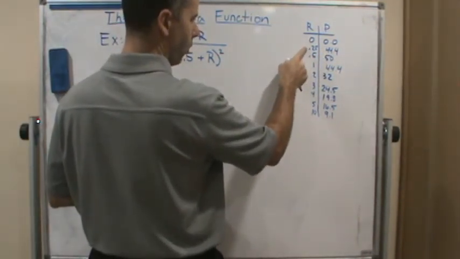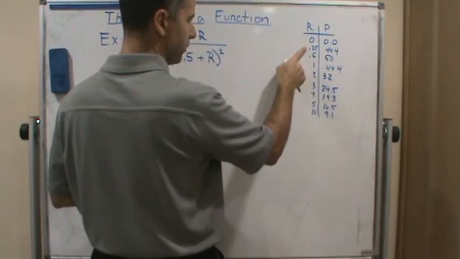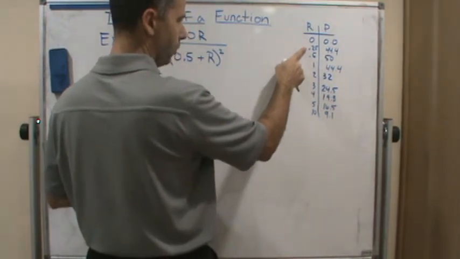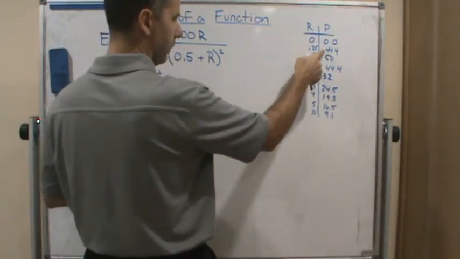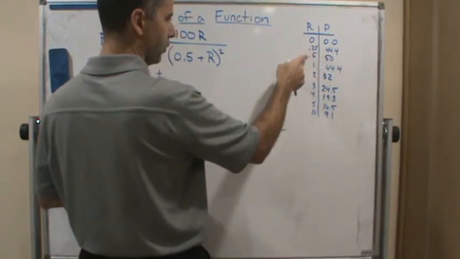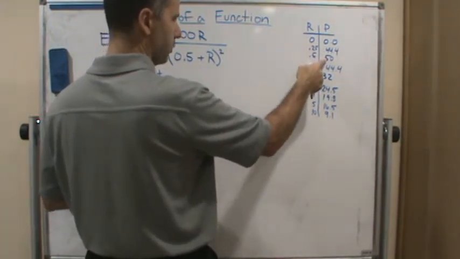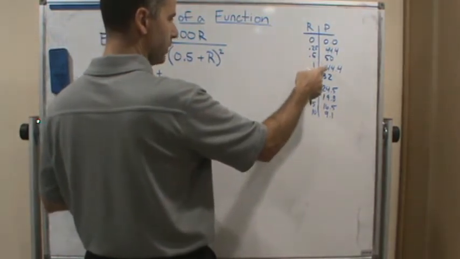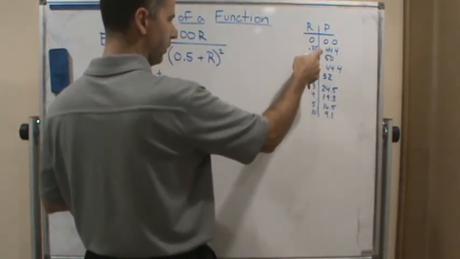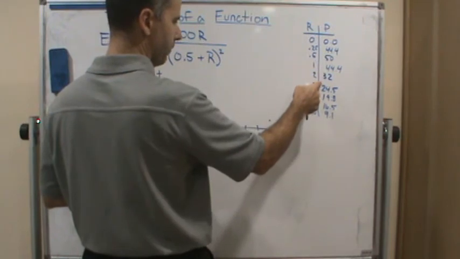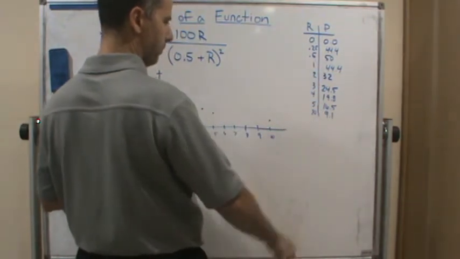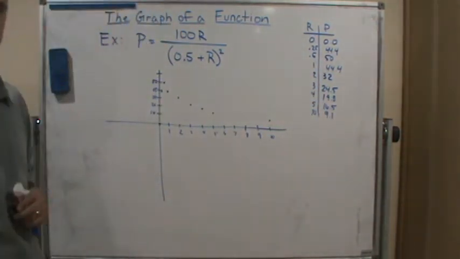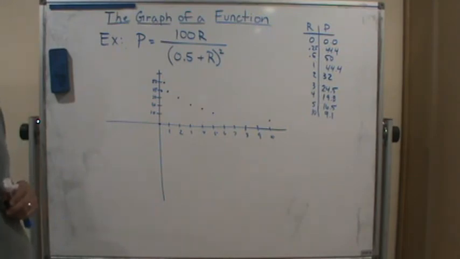So you increase the resistance by 1/4 ohm, and the power goes up to this. And then if you go to 1/2 ohm, it jumps up a little farther, to 50, and then if you go to 1 ohm of resistance, it comes back down, and then from there, as the resistance goes up, it's decreasing slowly.